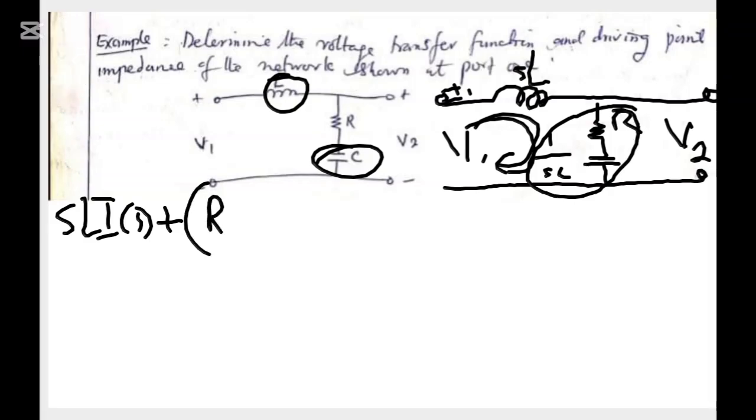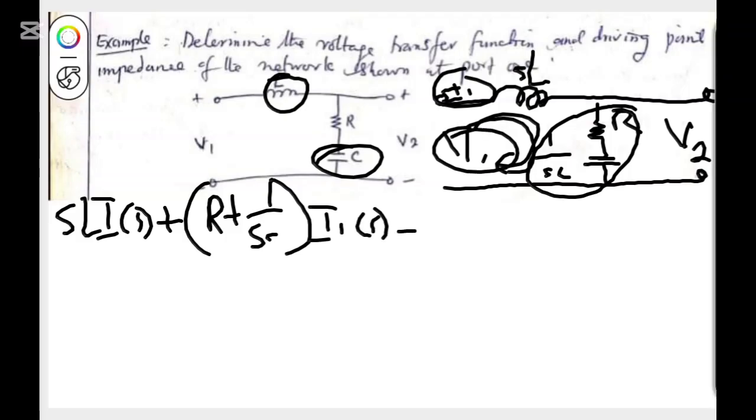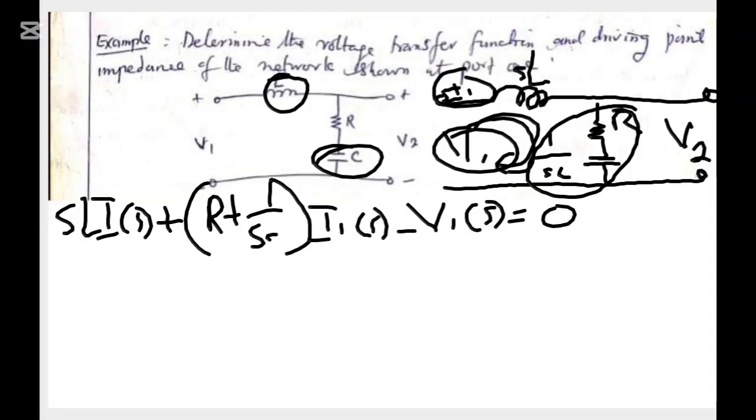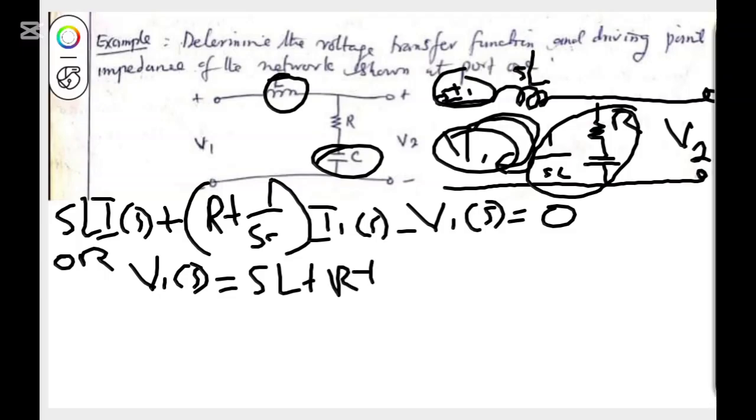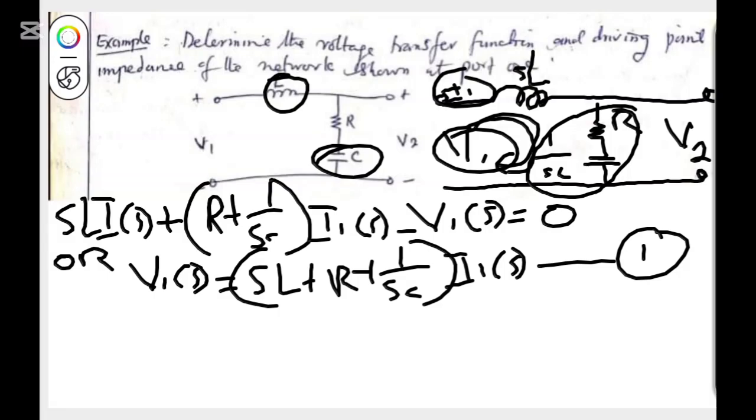So I will say open bracket R plus 1 over SC, multiplied by the same current I1 of S, minus this voltage V1 of S, which equals 0. So V1 of S is equal to SL plus R plus 1 over SC, close the bracket, times I1 of S. Let me call this the first equation.